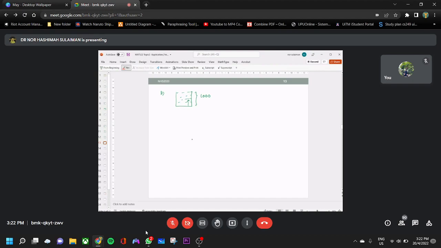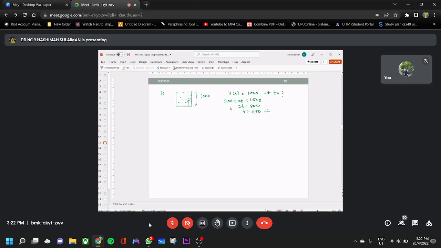So volume ni akan menjadi 1,000 liter pada T berapa. We know the representation for the volume is 200 plus 2T equals 1,000. VT equals 200 plus 2T. So you solve for T. 2T is simply 800 and T happens to be 400 minutes. Unit dia per minute kan?